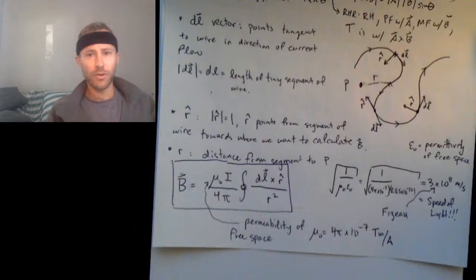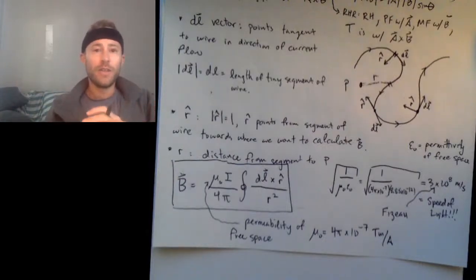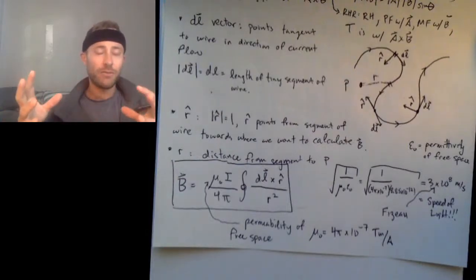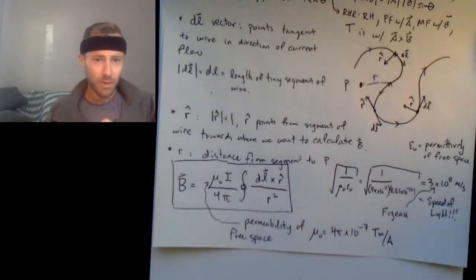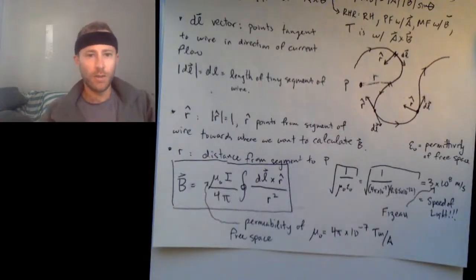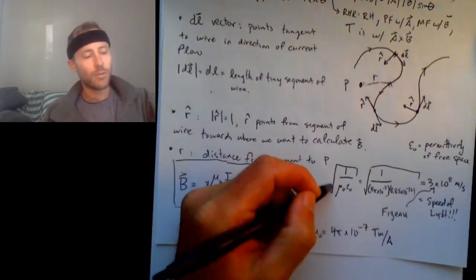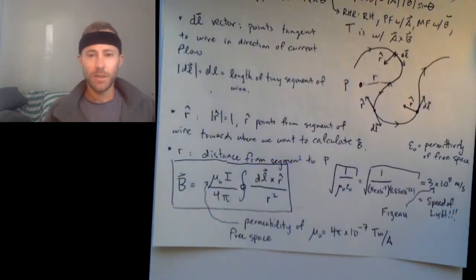James Clerk Maxwell combined those 4 equations to show that electric and magnetic fields can make waves called electromagnetic waves, okay? And the speed of those electromagnetic waves was the square root of 1 over mu naught times epsilon naught, okay?